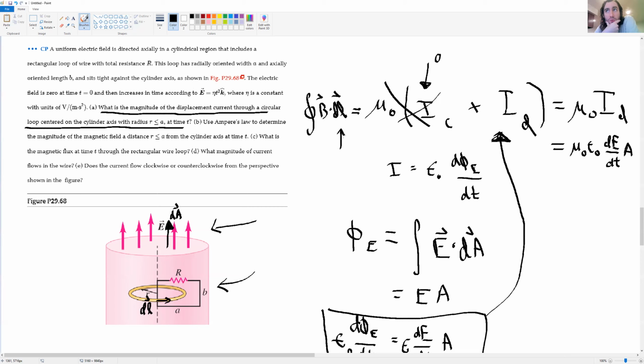So I look at this problem and I see the electric field is changing with time according to eta t squared k hat. So the electric field is uniform on the surface, so it's the same everywhere. It changes everywhere on the disc, in the cylinder, the same amount. And so we have cylindrical symmetry.